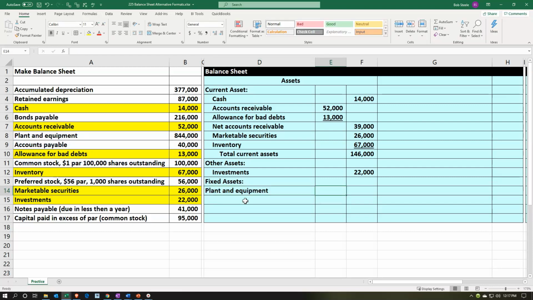I'm going to pull that into the inner column again because we're going to have two things related to this, that being the depreciable account and the accumulated depreciation related to it. Now here we're just going to have one category.